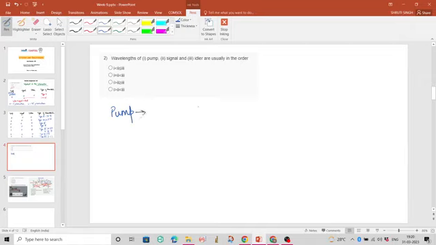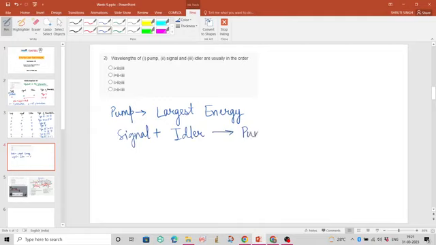Pump gets generated, so it has the largest energy. It is like sum frequency generation. We combine two photons to get a photon of higher energy, and the pump is that photon. The pump gets generated, which has the largest energy, and the other two photons, the signal and the idler, we combine signal plus idler to give the pump.